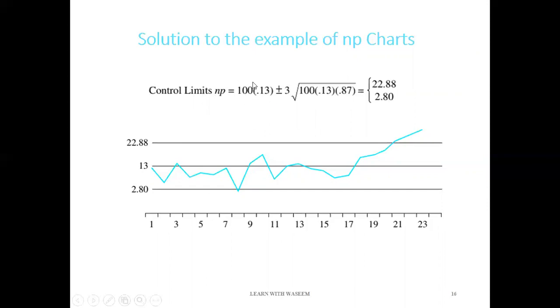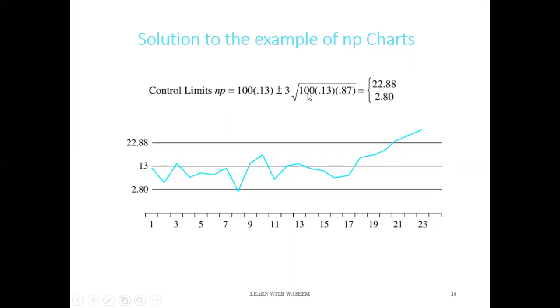N is 100, P bar is 0.13, and 1 minus P bar is 1 minus 0.13, which is equal to 0.87.